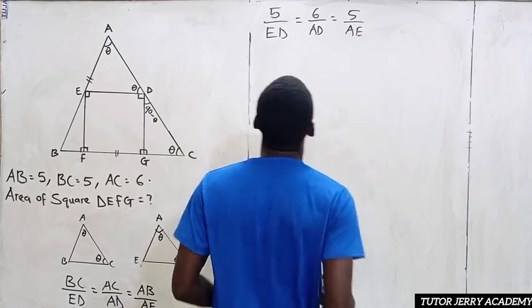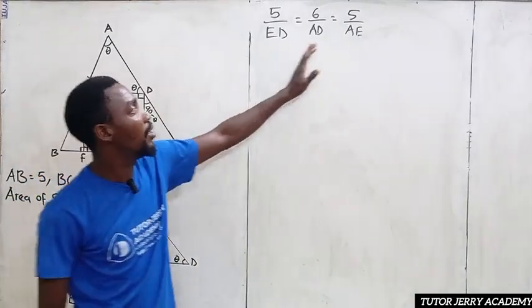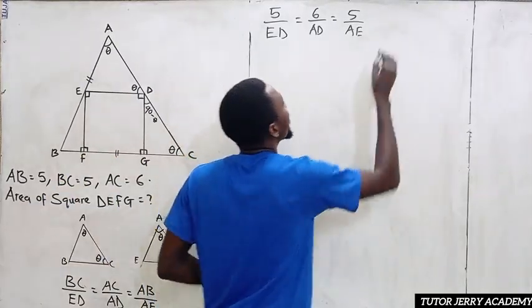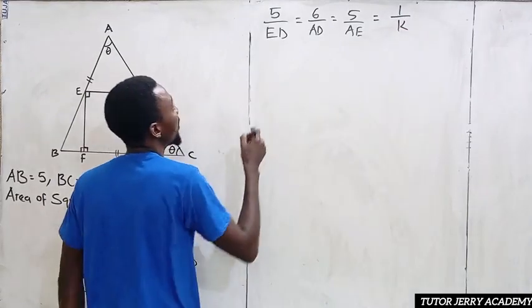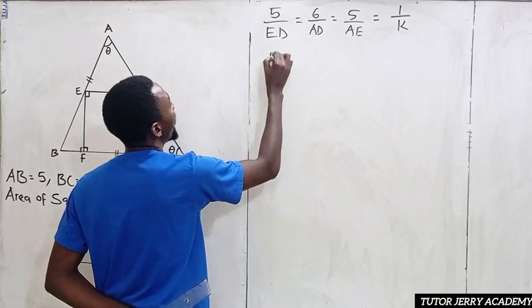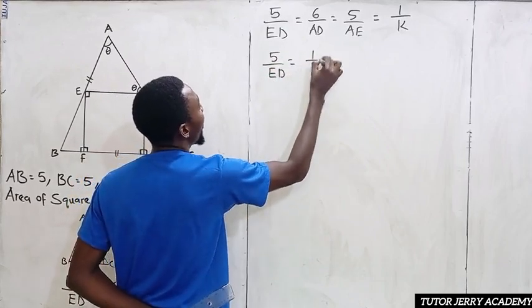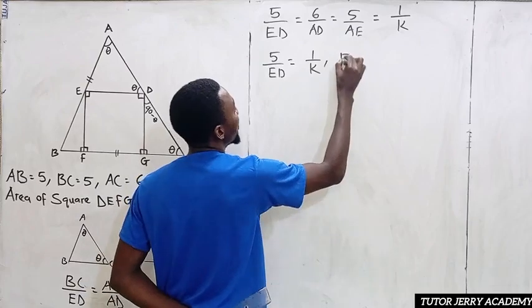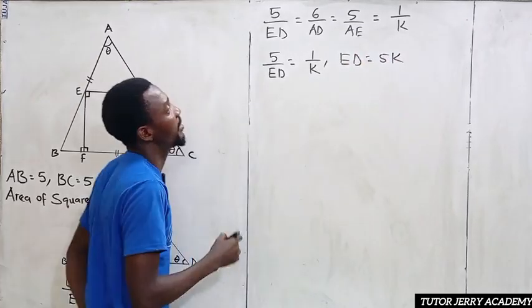Now, if we equate this to a constant, let's say 1 over k, we can say 5 over ED equals 1 over k. If you cross multiply, ED equals 5k.